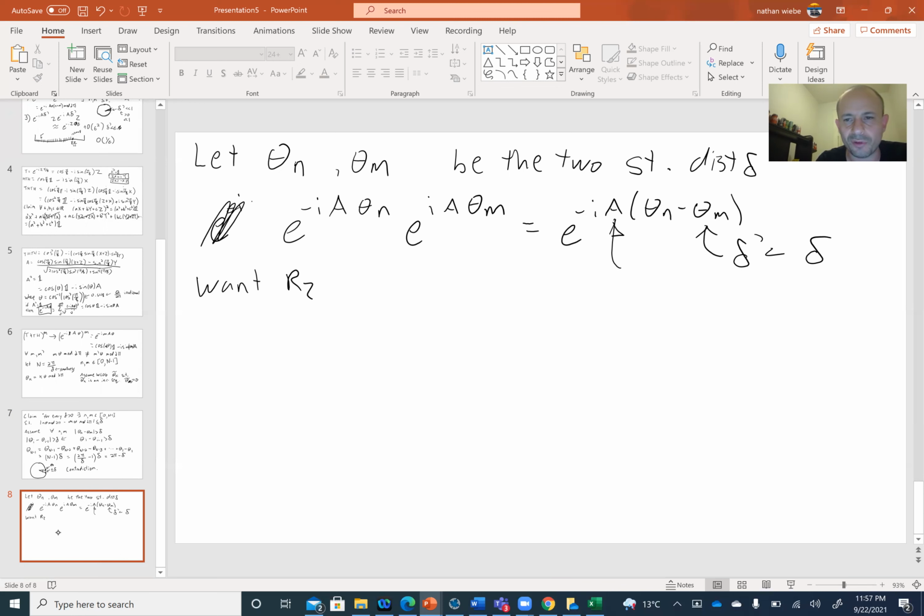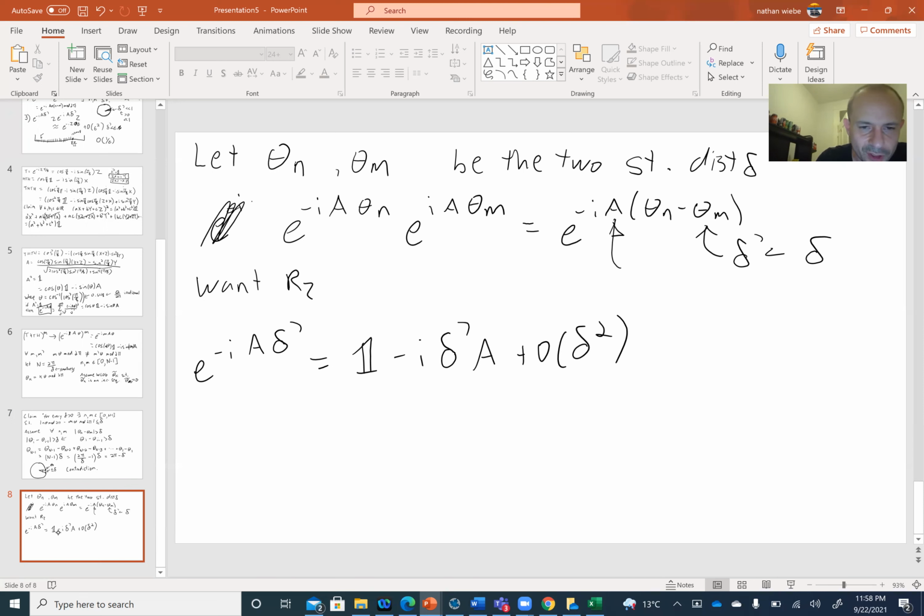Once we've subtracted these two operations from each other, we can build the RZ operation just by Taylor expansion. So by Taylor expanding e to the negative i a delta prime, this is equal to I minus i a delta prime plus order delta squared. And this just comes from a second order Taylor series expansion of the exponential.